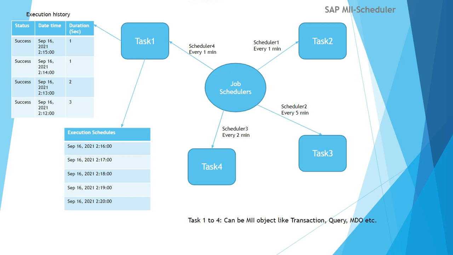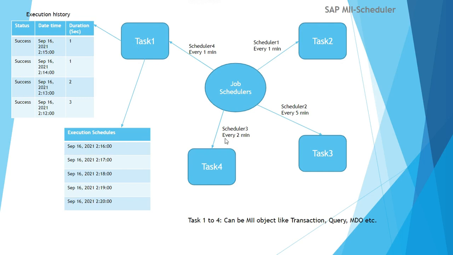Coming to the next. Here I've given an example of how the scheduler works in the background. The scheduler is to schedule a job, and a job is nothing but your task. There might be multiple tasks that you want to schedule.